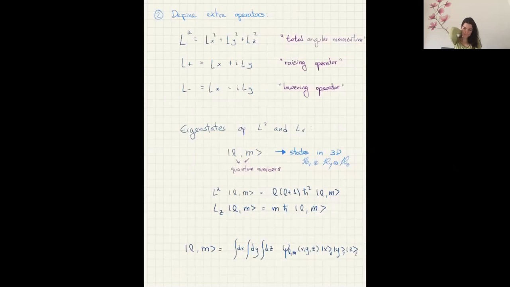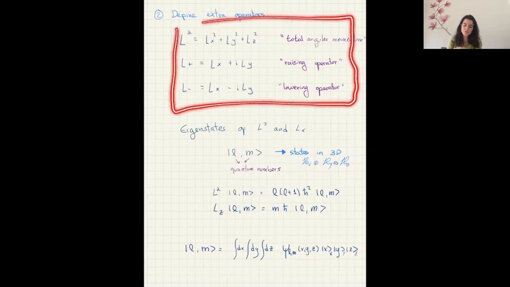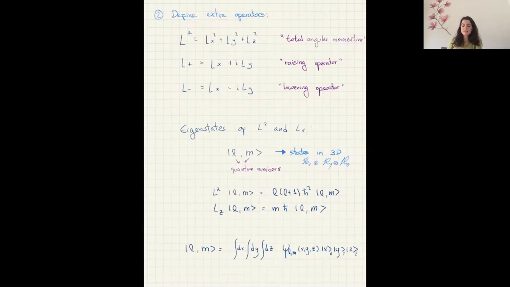Okay. So if we have this, then we can apply the same recipe as we saw for general spin. So we define these operators, the total angular momentum, the raising and lowering operators. And now we're looking for simultaneous eigenstates of L square and Lz. Okay. So states of this form: total spin.